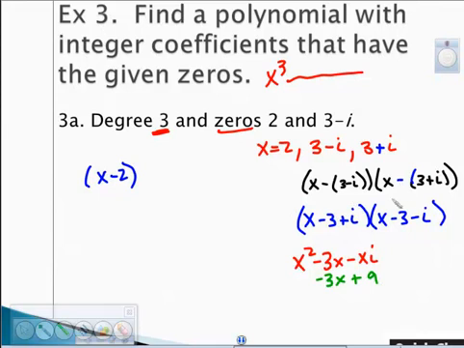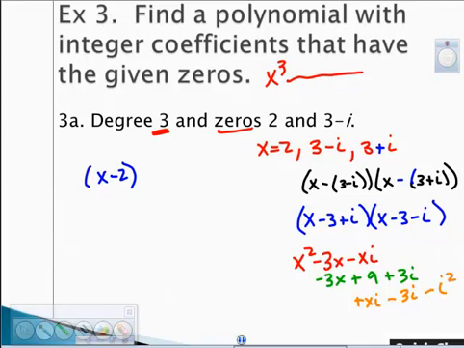And then negative 3 times i will be positive 3i. Now the last one: i times x is going to be positive xi, and then i times negative 3 will be negative 3i, and then i times negative i will be negative i squared.